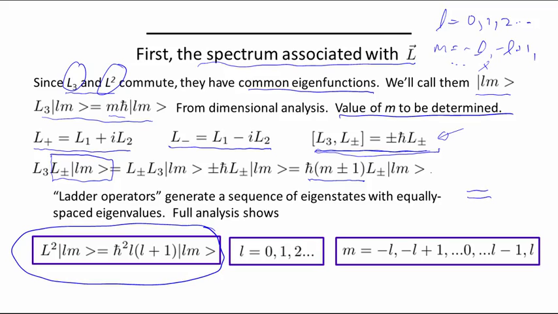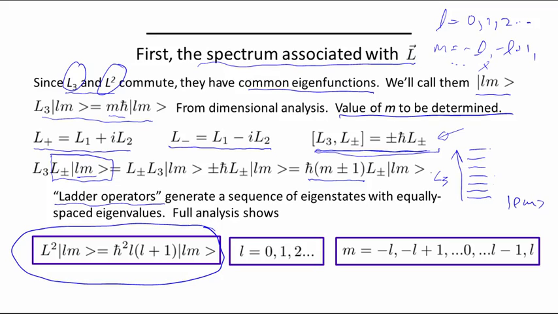So, in other words, if you start with Lm, then you get a sequence. So this is the value of L3 here. You get a sequence of equally spaced values of L3.